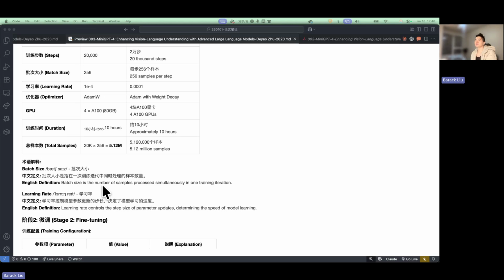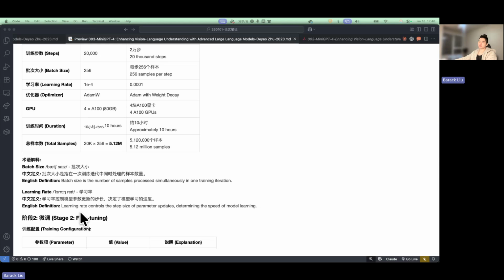Batch size. Batch size is the number of samples processed simultaneously in one training iteration. Learning rate. Oh yeah, great, you explain what is learning rate. Learning rate controls the step size of parameter updates, determines the speed of model learning.